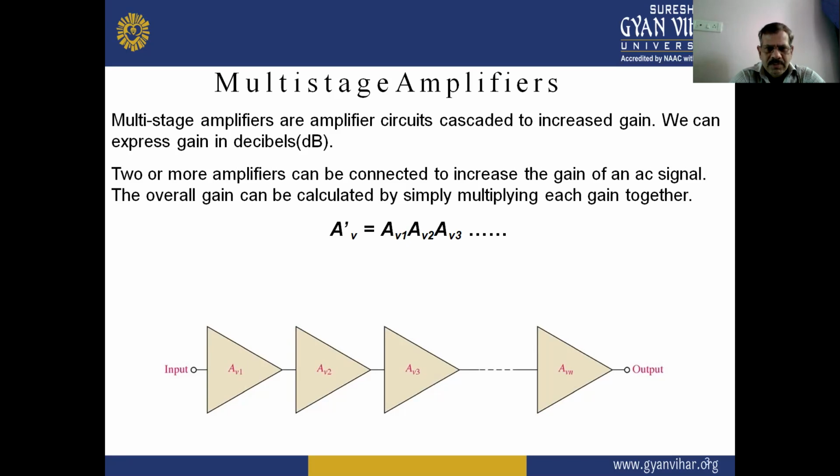So in this figure we have different multi-stage connections and different amplifiers which have the voltage gain of AV1, AV2, AV3 and so on, and these are connected in series to each other, and so the overall gain of the multi-stage amplifier AV will be equal to the gain product of each amplifier. So AV equals AV1 into AV2 into AV3 and so on.